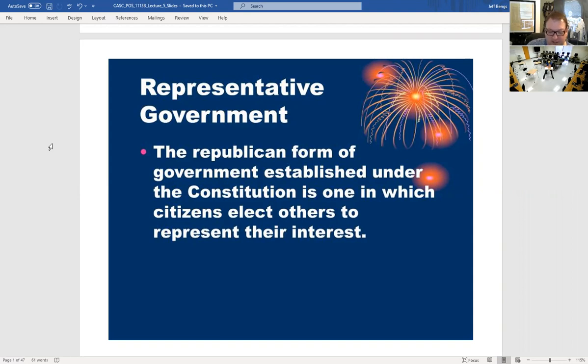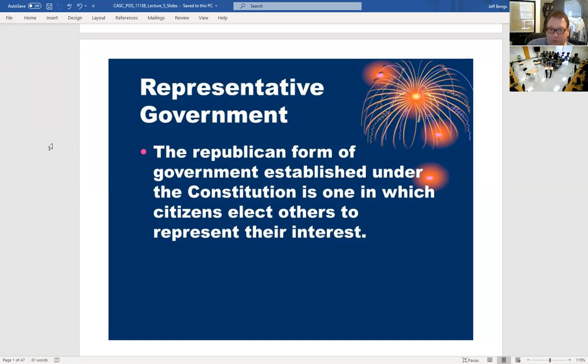The founders considered democracy and mobocracy to be basically synonyms. And so they put forward a representative government where citizens still have the liberty to elect, but they will elect people to represent their interests.